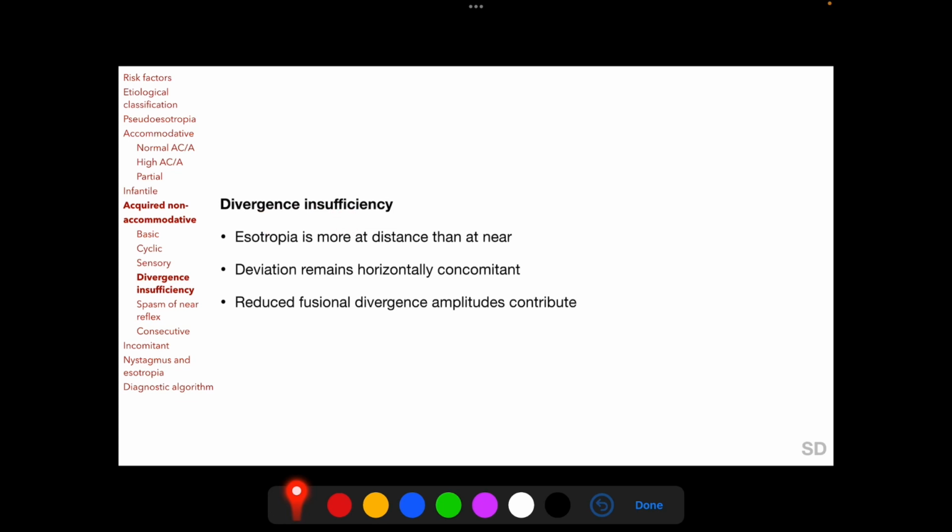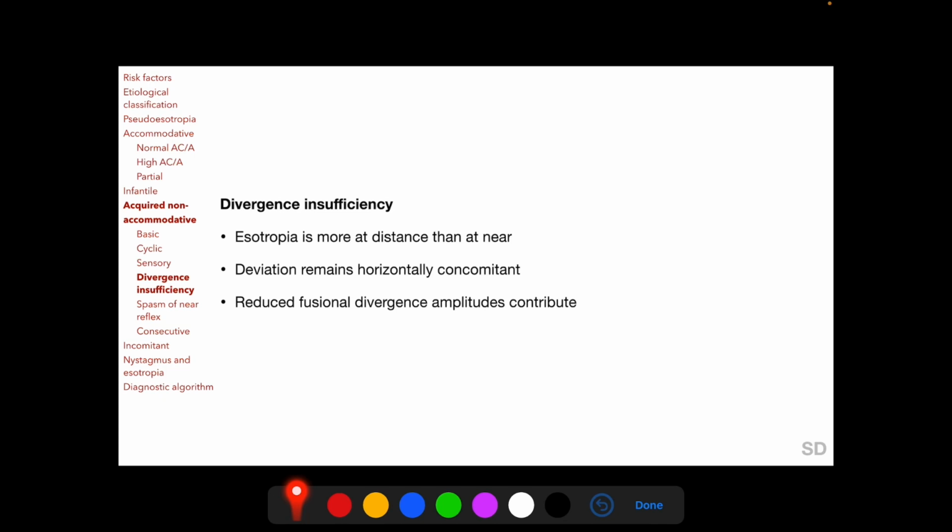In divergence insufficiency, esotropia is characteristically more at distance fixation than at near fixation. In contrast, in basic esotropia, the magnitudes of deviation at distance fixation and near fixation are similar. Although in divergence insufficiency esotropia is more at distance, this esotropic deviation remains horizontally comitant.